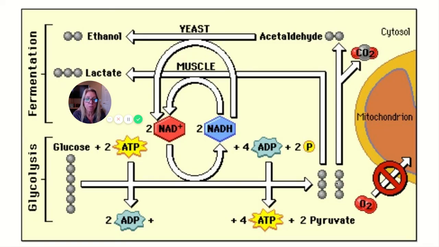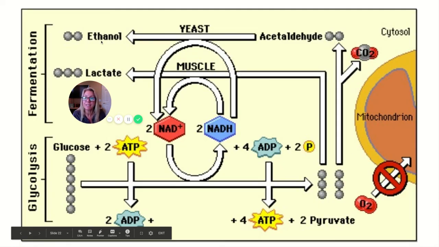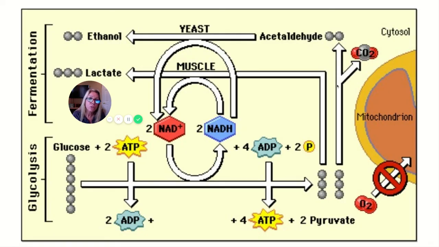A second option, which yeast and plants do, is they will take the 2 pyruvate and convert it ultimately and reduce it into ethanol. Now notice ethanol only has 2 carbons, so you will release a carbon as carbon dioxide. This is why we use yeast to make bread, right? Because the carbon dioxide is going to make the bread rise, okay? So it generates here some CO2.